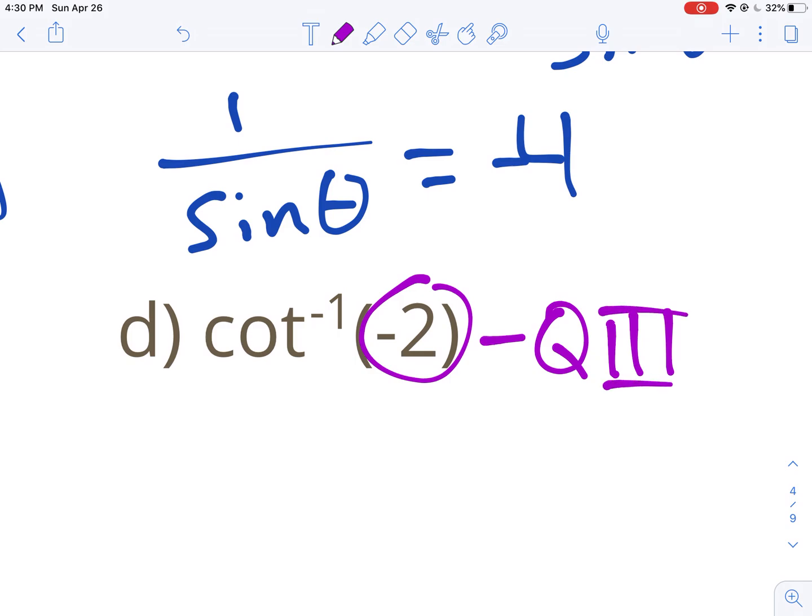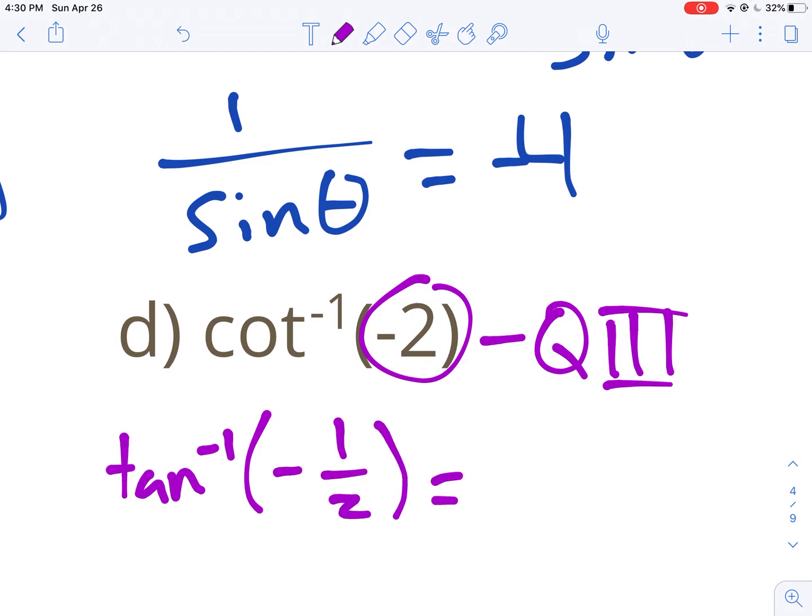If you type the inverse tangent of -1/2 into your calculator, you find that your answer is -26.565 degrees. Now, obviously, that is a quadrant 4 angle.